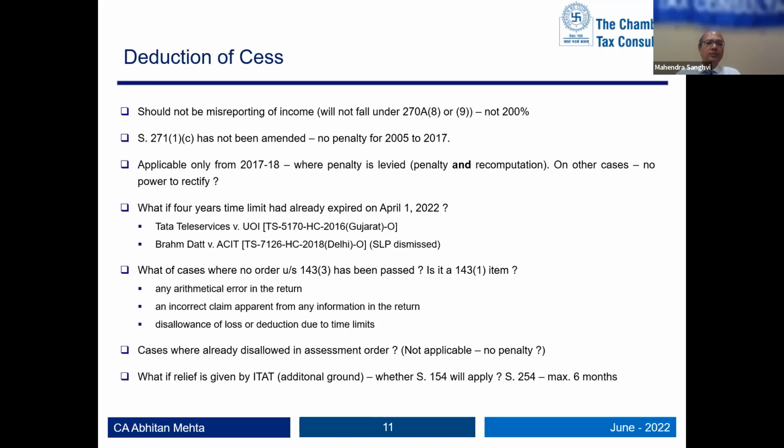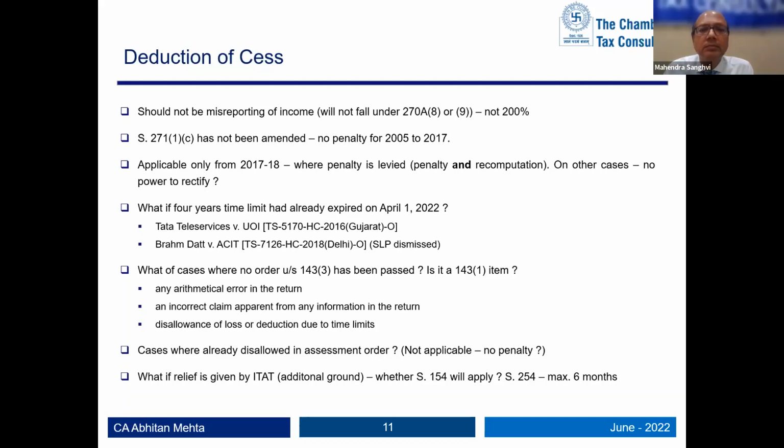And if ITAT has given you a relief and, say, because of low tax effect the department is not in High Court. Really, the 155 read with 154 only empowers the tax officers under section 119, which includes your assessing officer, commissioner, CIT, principal CIT, doesn't include ITAT. So 155 and 154 doesn't apply to ITAT.